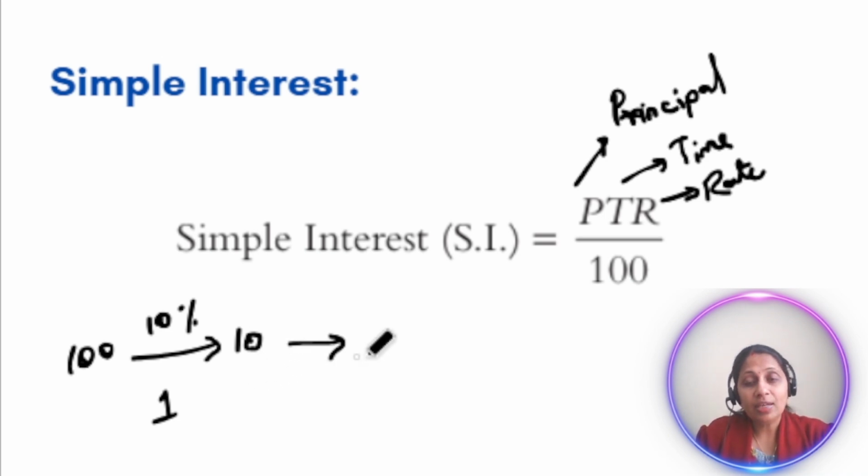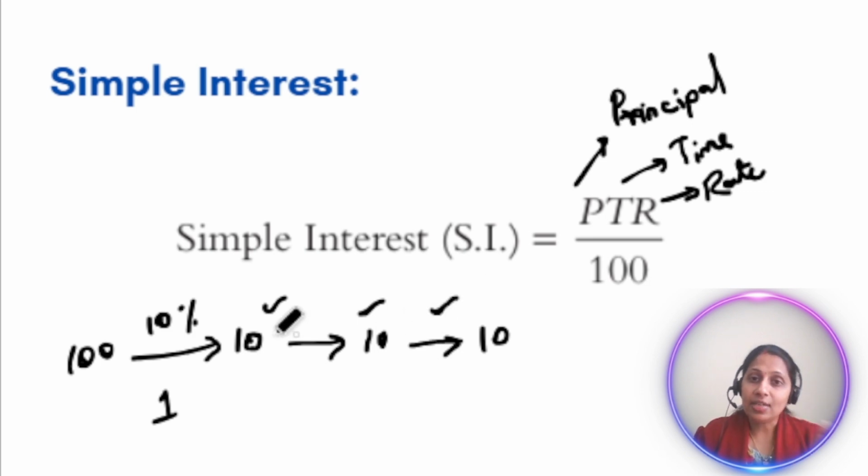If I want to pay at the end of 2 years, then for that year I have to pay another extra 10, which is now 20 plus 100. Now, if I want to pay at the end of 3 years, then it is 30 plus 100. That's it. Simple. So the interest is always going to be the same and it is always calculated on the initial principal amount.